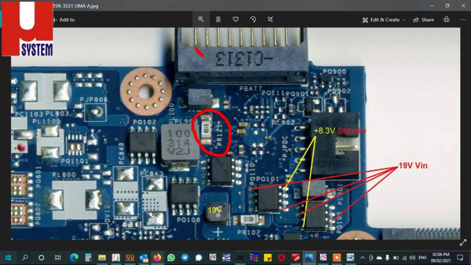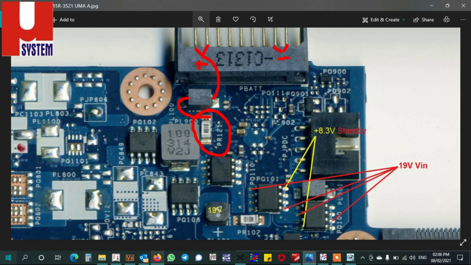This is a positive pin. These both are positive terminal, and these two are negative terminal. As you can see, these two terminals are connected with a coil. These two pins are connected with a coil, and this coil is connected with this.